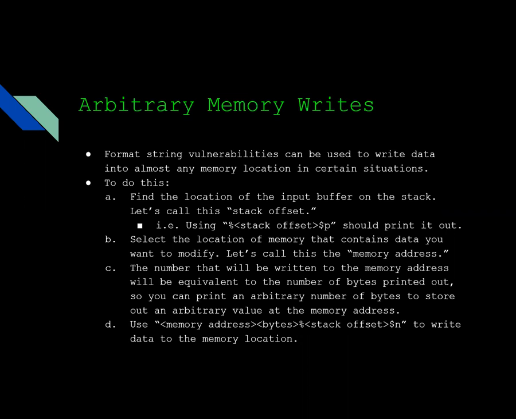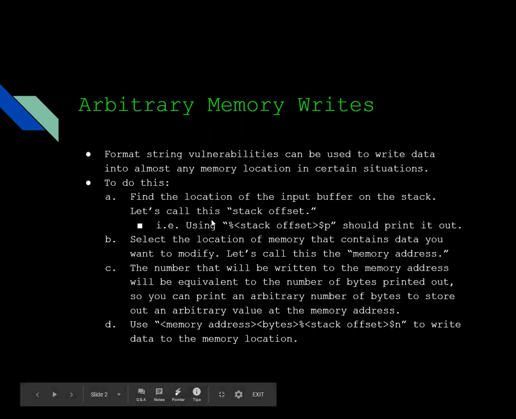So what we have to do next is select the location of memory that contains data that we have to modify. This is going to be referred to as the memory address. The memory address is going to come before the format string vulnerability right here.